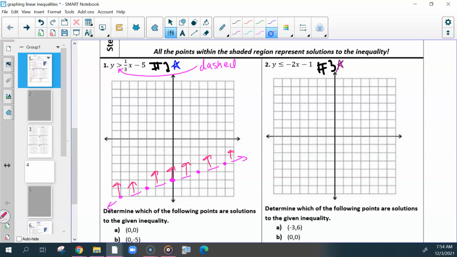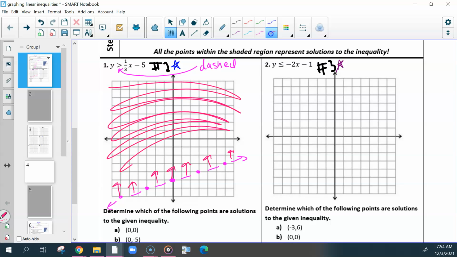You can completely shade this area in. You could draw lines, or lightly shade it. Doesn't matter, as long as you know that this area right here is your shaded area. Yes, you have to shade, otherwise it's not an inequality, it's just part of it.